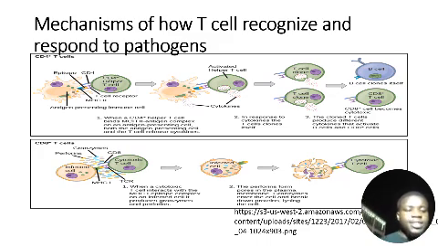In CD8, when the cytotoxic T cell contacts the MHC 1 epitope complex on infected cells, it produces granzyme and perforin. In CD4, when the helper T cell binds the MHC class 2 antigen complex on the antigen presenting cells, they release granzymes.